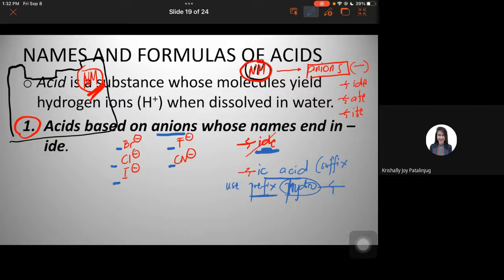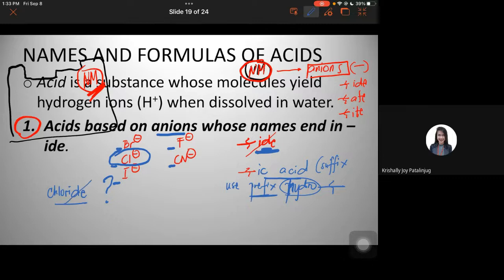So for example, let's take one. Chloride. Di ba? Chloride has an IDE ending. So let's say the question is, what acid can we derive out of chloride ion?